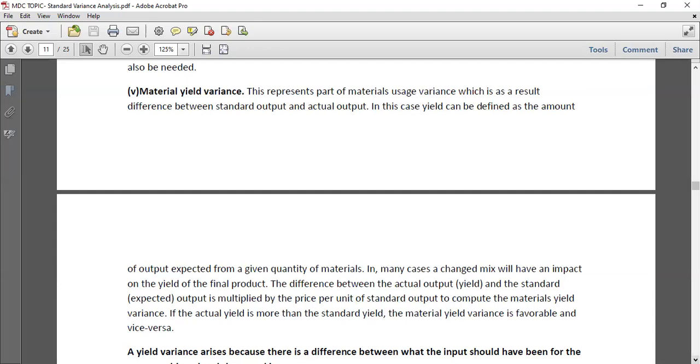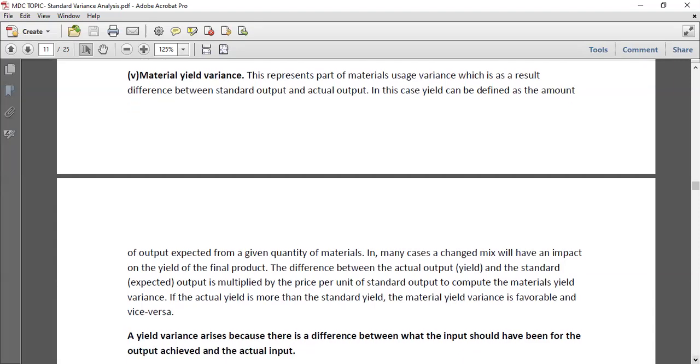So if you want to calculate this, that is the difference between the actual output and the standard output multiplied by the price per unit of the standard output. If I'm using my example of sand and cement, maybe I need 10 kgs of cement and 40 kgs of sand to produce 50 bricks.